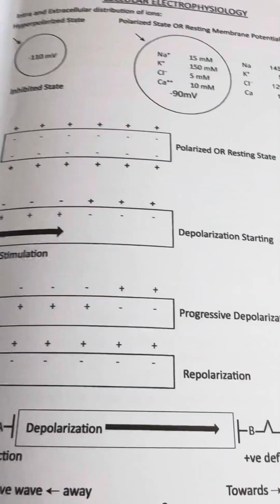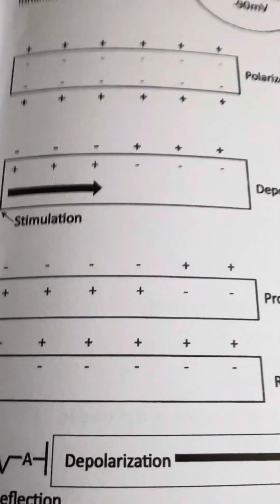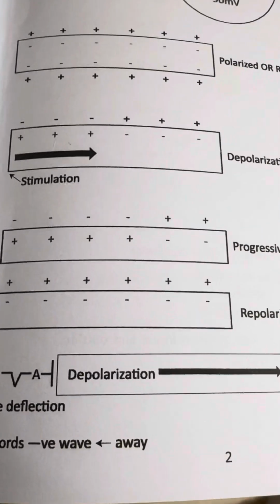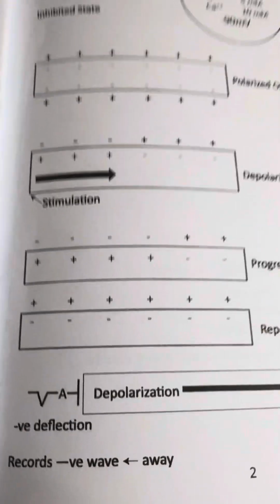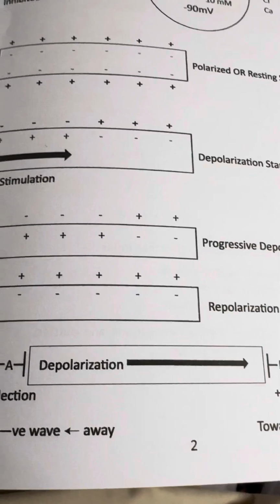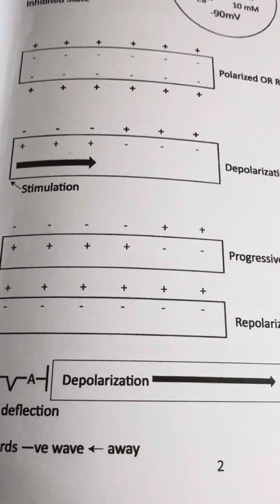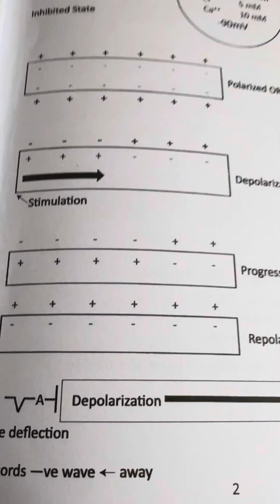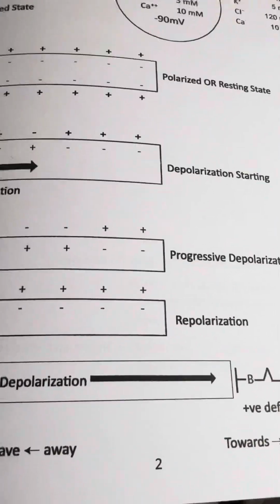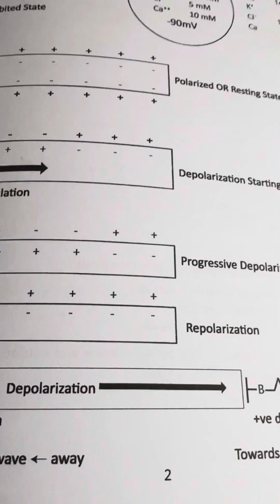Another very important fact I want to let you know is the last part. Here is electrode A. If you place electrode A here and you stimulate, the depolarization will go to the other side as a wave of depolarization. And there is another electrode on the other side which is receiving the impulse.